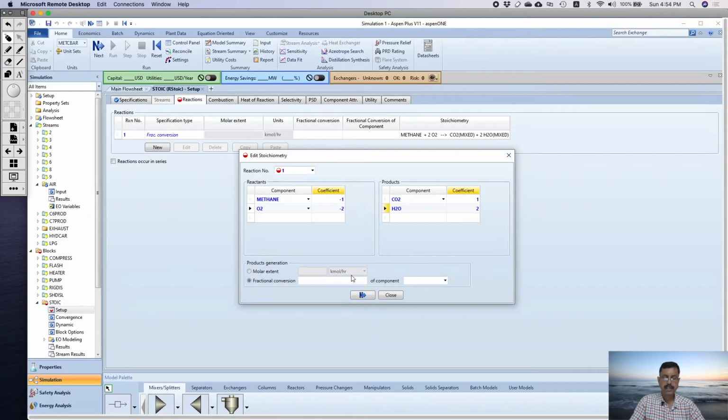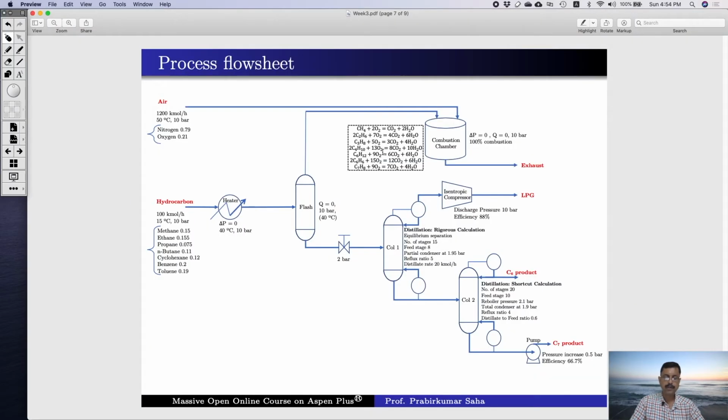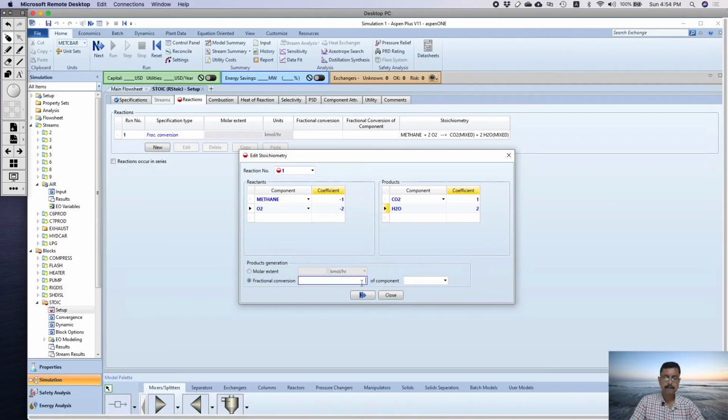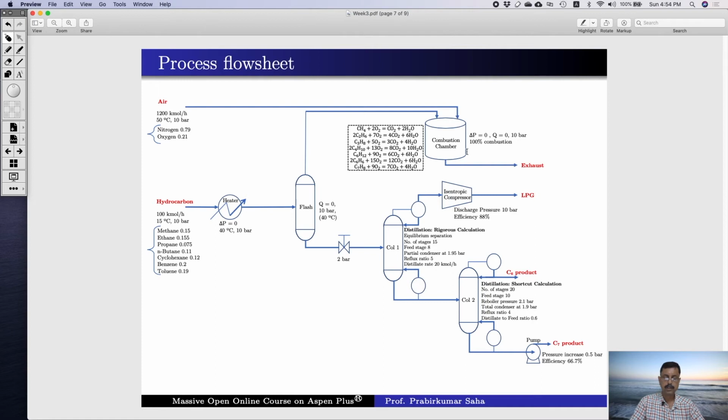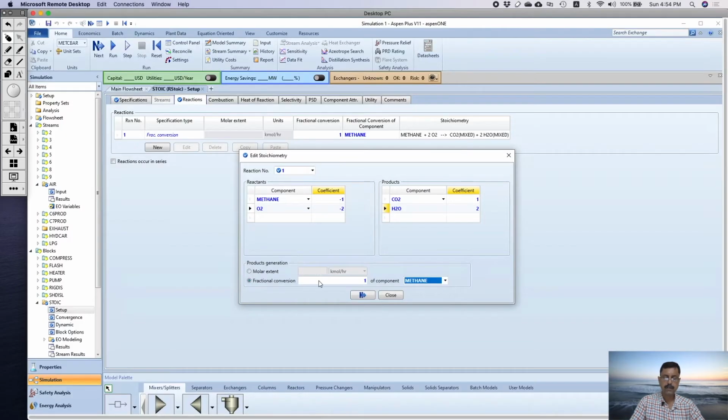And fractional conversion, that is for component CH4, methane, is 1 because it is 100% conversion. So for each one, if it is say 60% conversion, then you have to write 0.6 of methane.